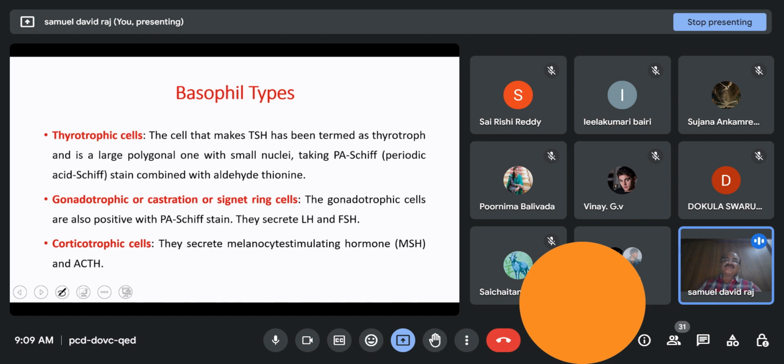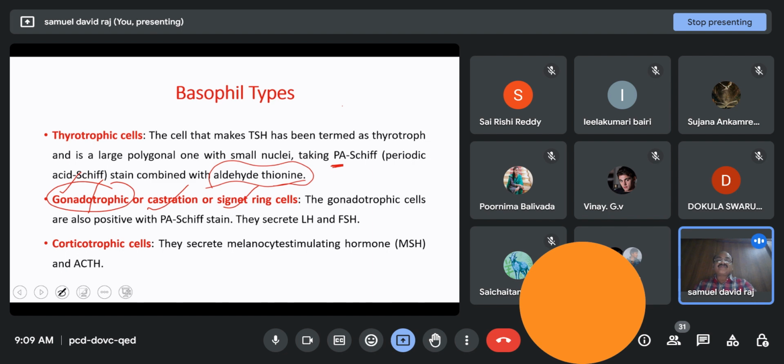The second one is the gonadotrophic cell. These are also called castration cells or signet ring cells by certain scientists who observed that after castration, that means removal of male or female reproductive organs, these cells may be absent. But actually, they are gonadotrophic cells, responsible for stimulating the gonads.